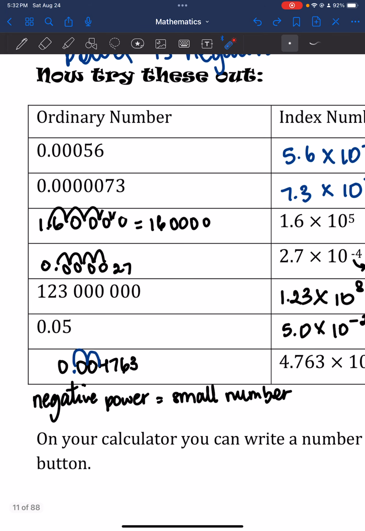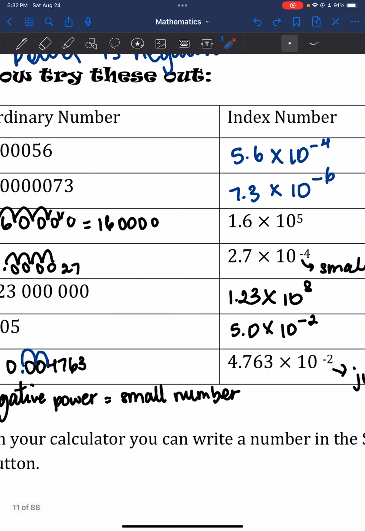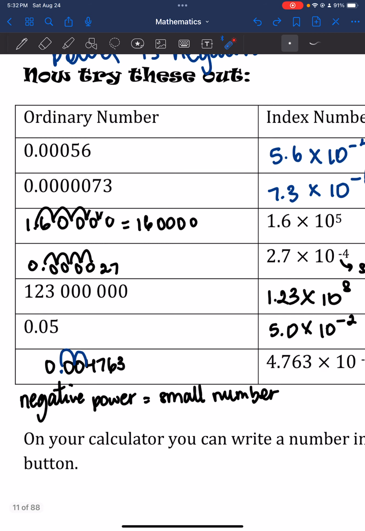Excuse me. 1, 2, 3, 4, 5, 6 jumps we make, right? So that's negative 6 because the number is tiny. Small numbers, very small numbers, negative powers. So as you can see, to get between 1 and 10 it is 7.3 by 10 to the minus 6.